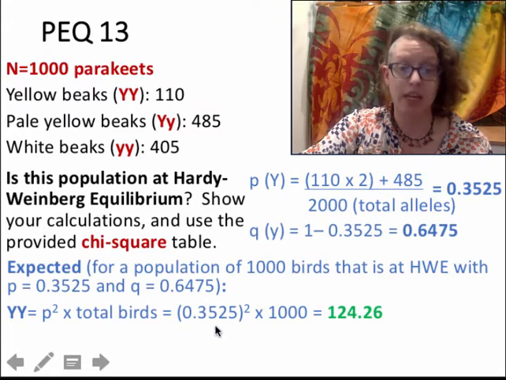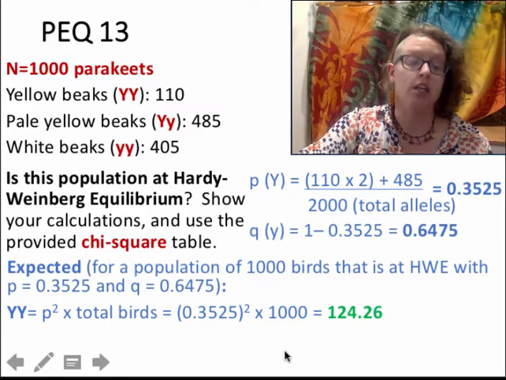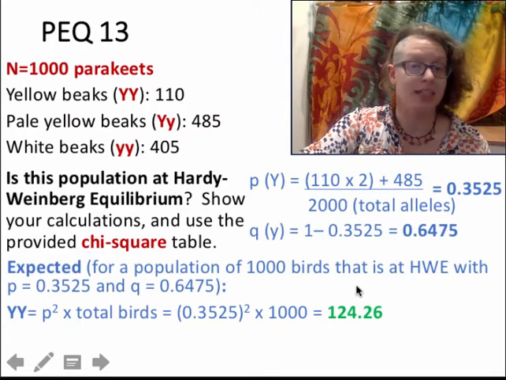So we take P, we square it, and then we multiply it by our N, which is the number of chances these birds get to have this genotype. And it's going to be this.